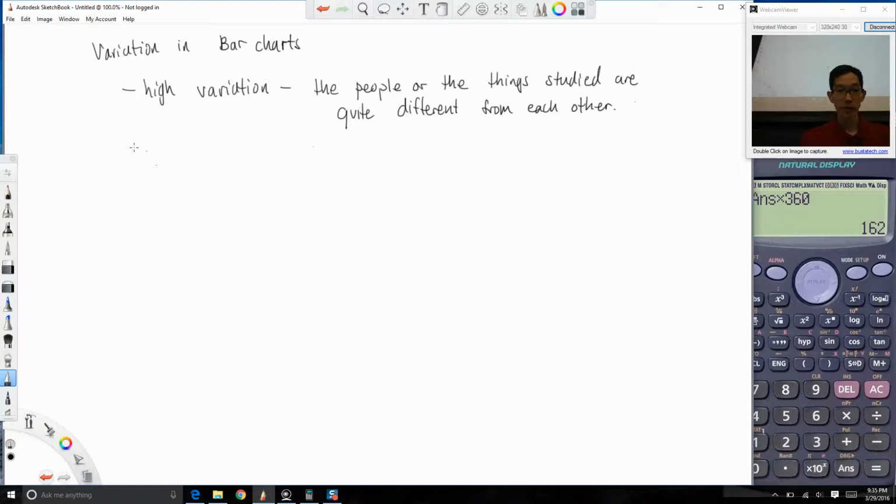And then over here we got low variation. This would mean the people or things are quite similar to each other.